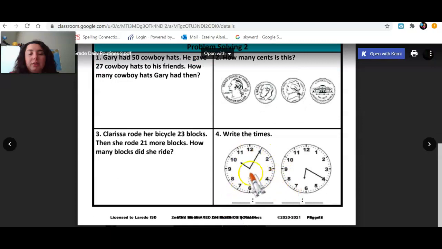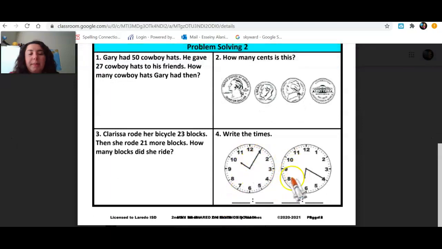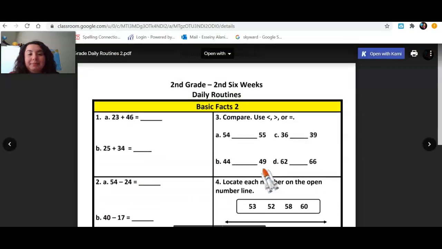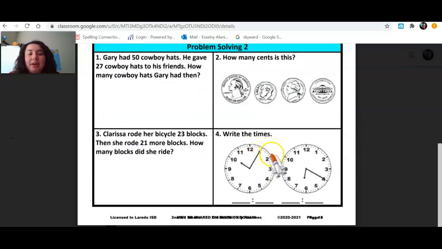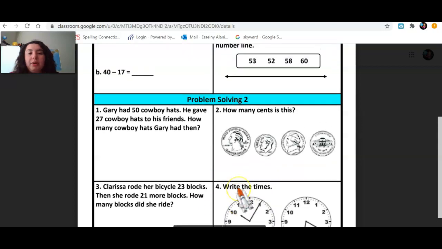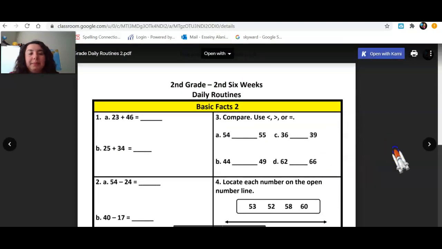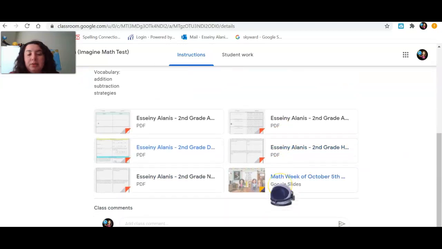And then for the clock, remember the hour hand and the minute hand. And then on the outside of the clock, the minutes are skip counting by fives. 0, 5, 10, 15, and so on, all the way around. Okay? So that's what you're doing.